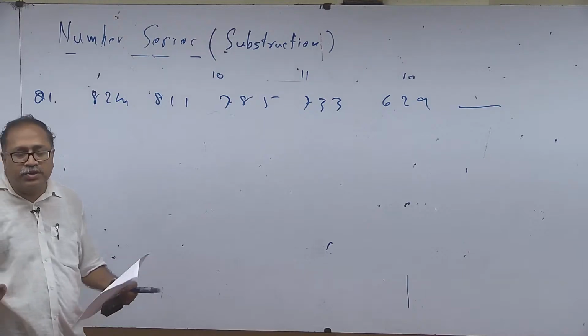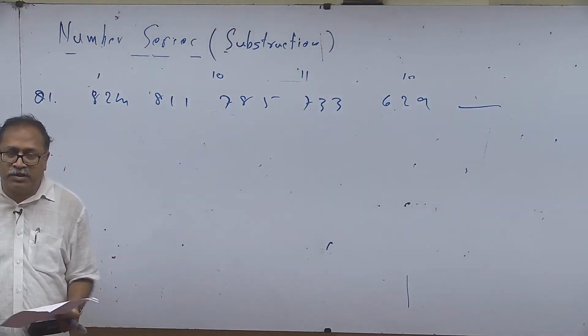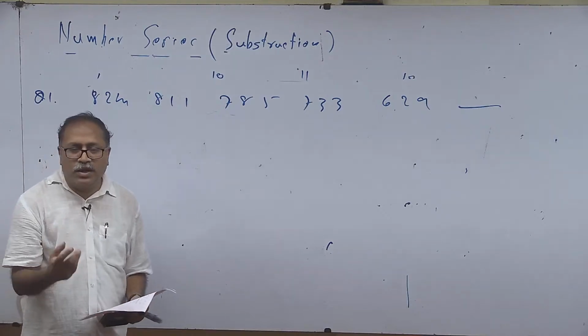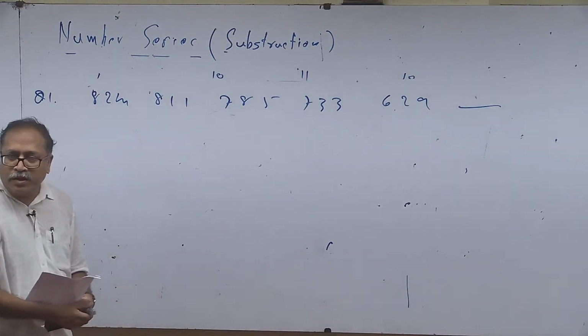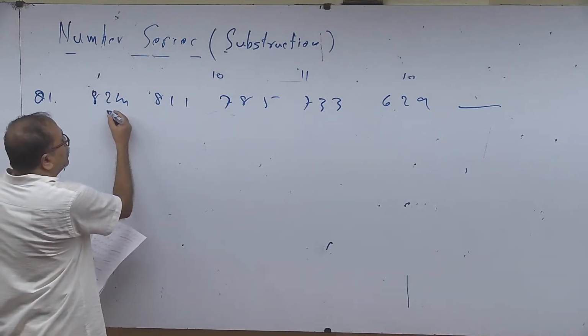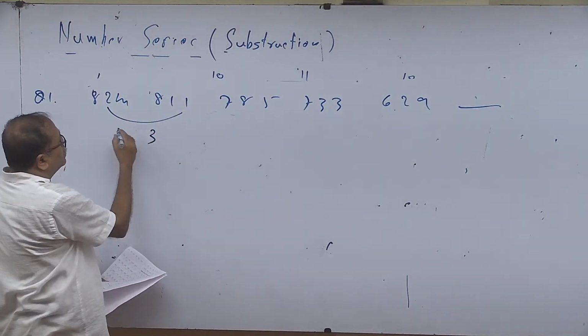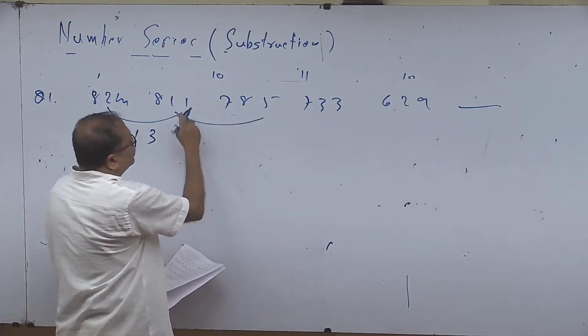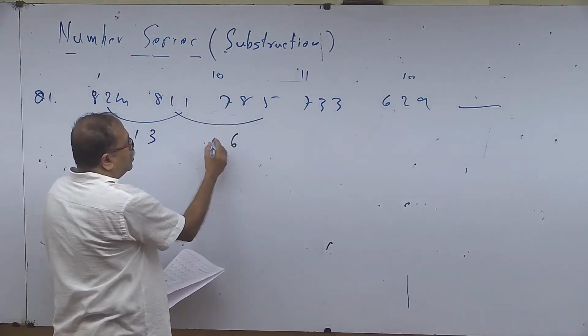So what we are expected to do is find out how much is subtracted from the number in order to get the next number, and on those differences we will have some logic. So look at this one. How much is subtracted from here? That is 4 minus 1 is 3, and this is 1, 13. And from here to here, 11 minus 5 is 6, and 10 minus 8 is 2.